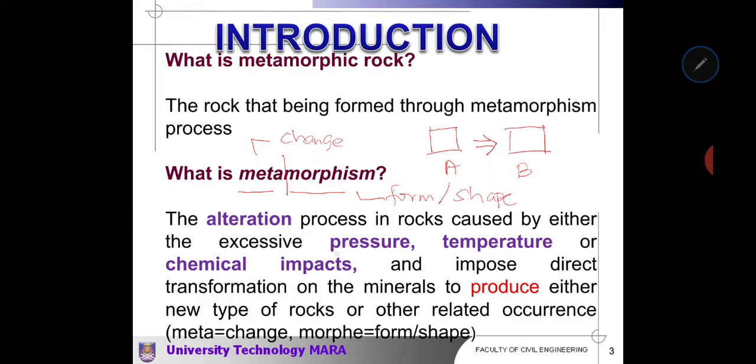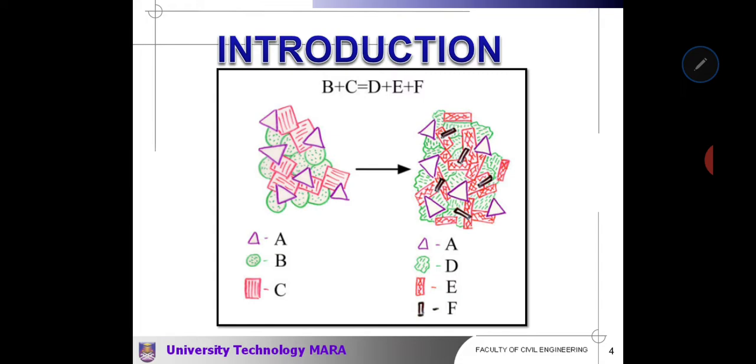And what are the agents of the process of metamorphism? The agents are pressure, temperature, and also chemical impact. Okay, these agents will impose direct transformation on the mineral to produce either new types of rock or new related occurrences. Okay, the visual to show you how rock A transforms to rock B. This is the best visual that you can provide to explain the change.